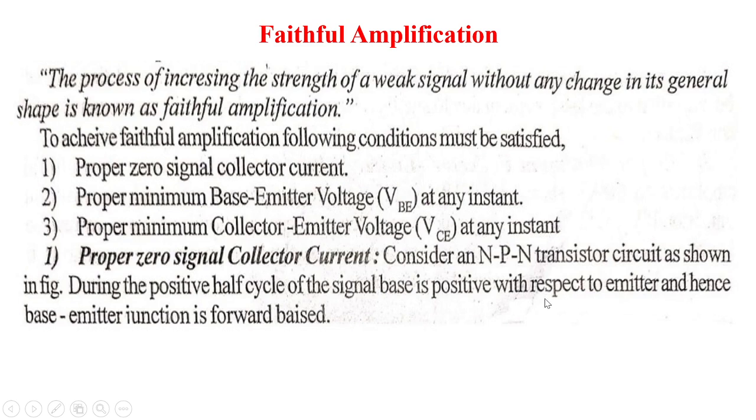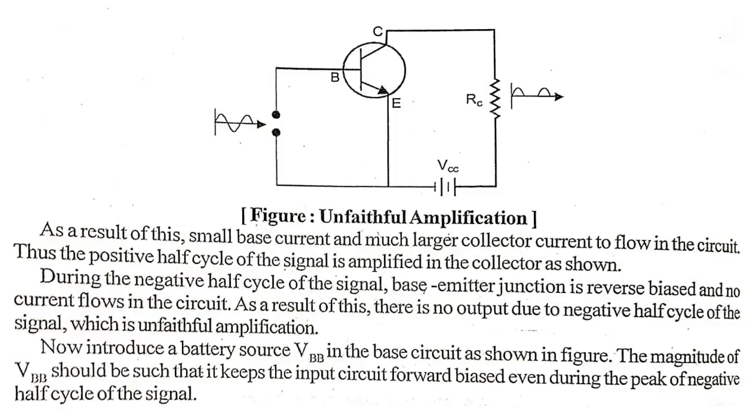Now, first, proper zero signal collector current. Consider an NPN transistor circuit as shown in the figure. During the positive half cycle of the signal, the base is positive with respect to the emitter, and hence the base emitter junction is forward biased as shown in this figure. Here this base emitter junction is always forward biased.